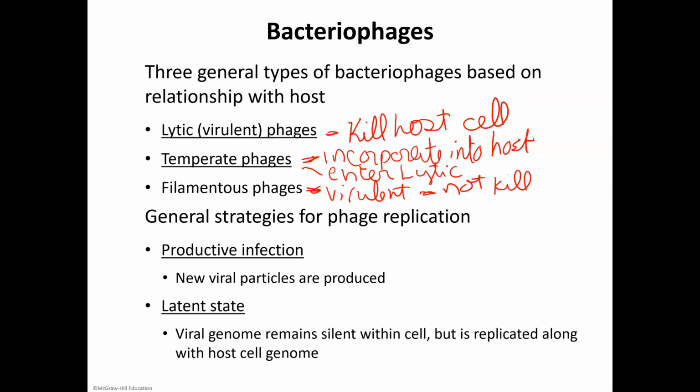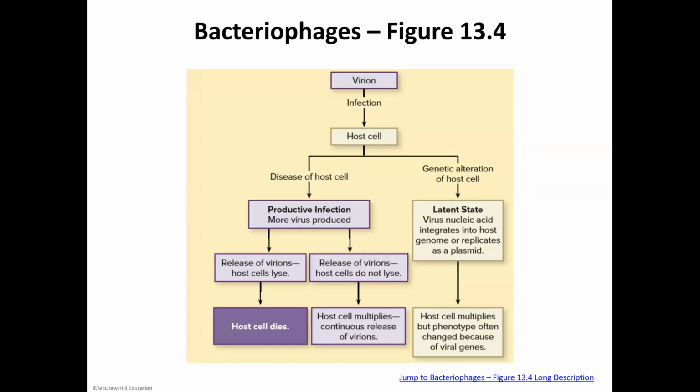That would be an infective stage. A latent stage would be where the virus is incorporated into the genome and it lies dormant, but it can be replicated and it moves along with all of the host cells, which can actually benefit bacteria or give bacteria new characteristics.